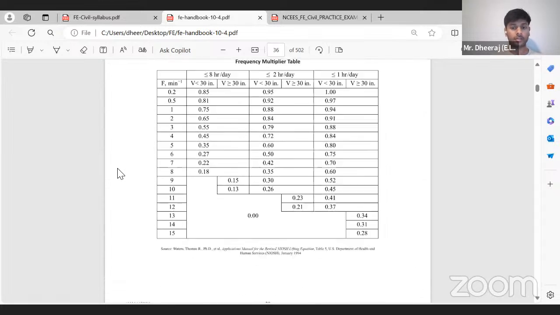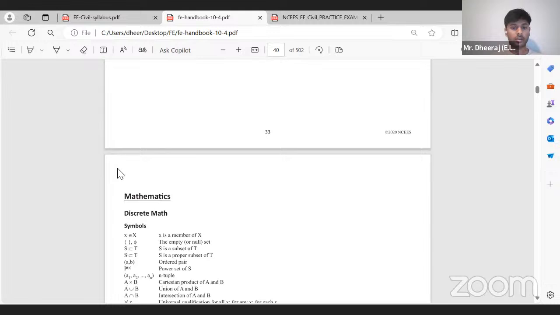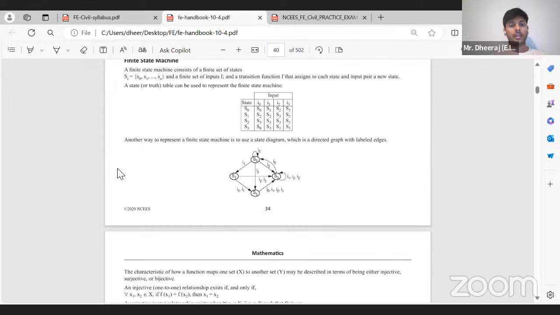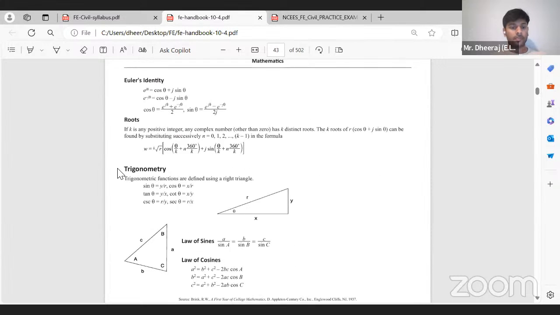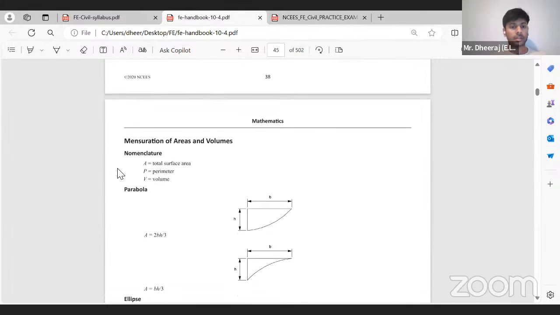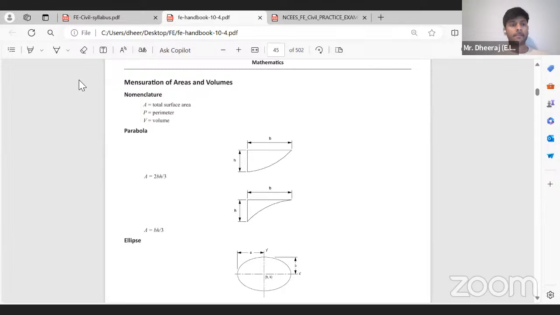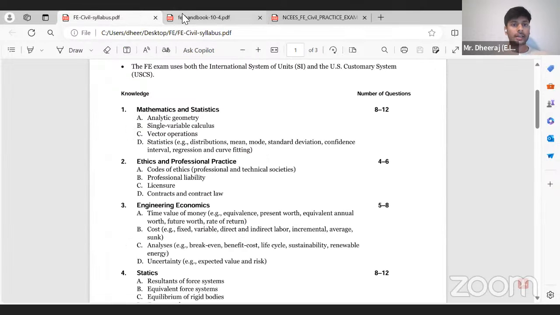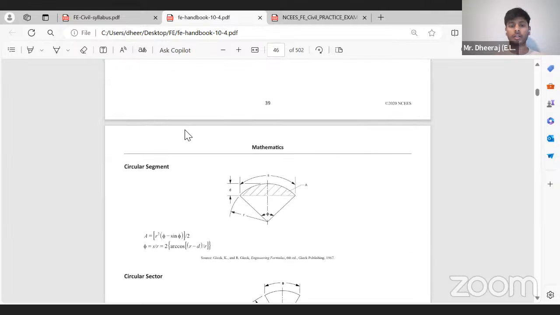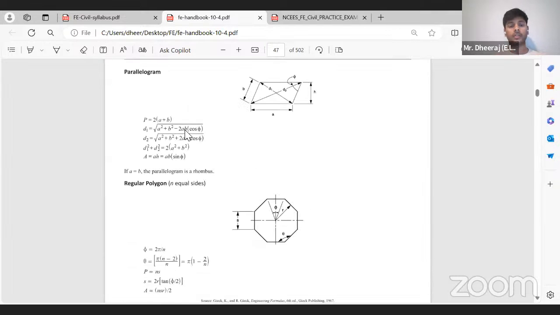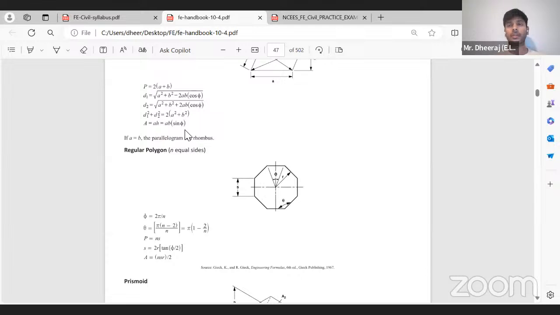Here the mathematics starts. Analytical geometry starts. For example, what is the equation of a circle? What is the straight line equation? Very simple questions. Most probably you'll end up with simple questions.